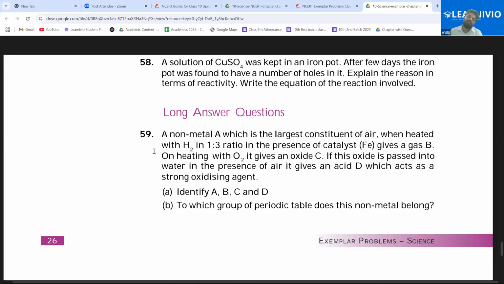Write down question number 59 and try to find out A, B, C, D. Try to find out fast.